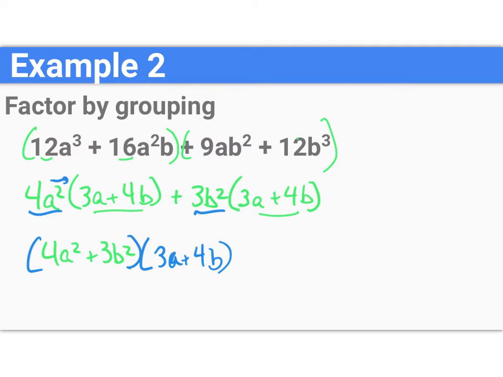And because they are multiplied, we can separate the terms that are underlined in blue. We can put them together and then multiply them to the binomial 3a plus 4b. So that's what we did. We grouped it, we pulled out what was common in the first group and in the second group, and then we found that there was a common term, and then we factored that.